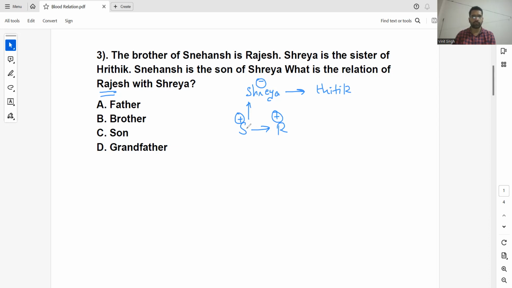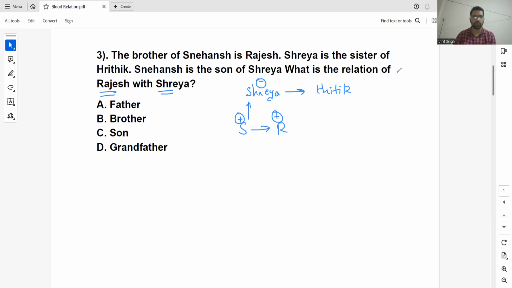Now, as Snehansh and Rajesh are the brothers, Shreya is the mother of Snehansh. So, Shreya will be the mother of, sorry. So, what is the relation of Rajesh with Shreya? One second. Brother of Snehansh is Rajesh. Shreya is the sister of Ritik. Snehansh is the son of Shreya.